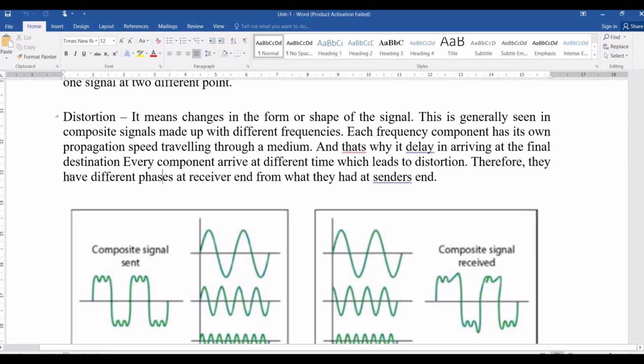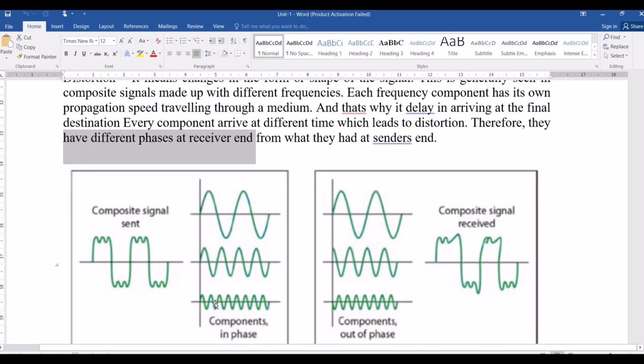So here it is the phase. Therefore they have a different phase at the receiver. When multiple signals are sent through a medium, they have different phases. Here the cycle is different, here the cycle is different. In each given time period, the cycle is different.